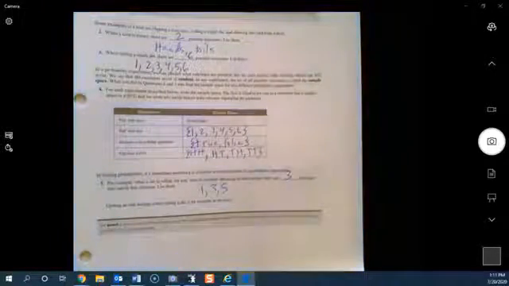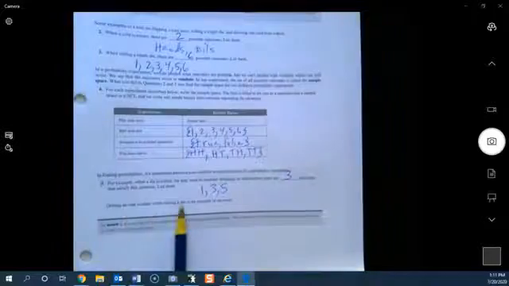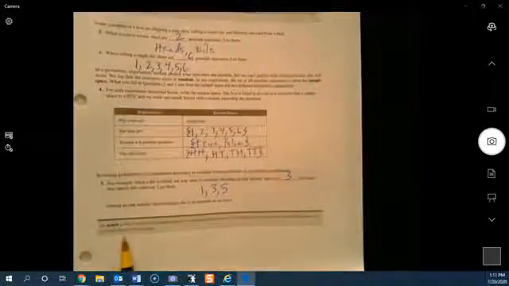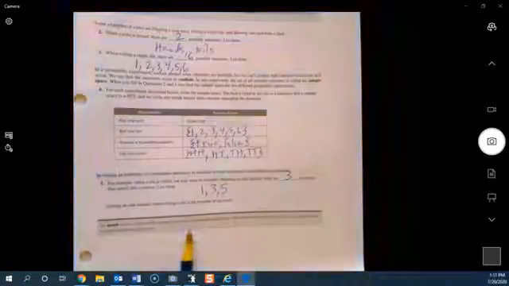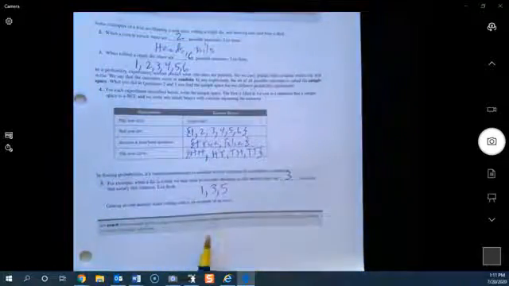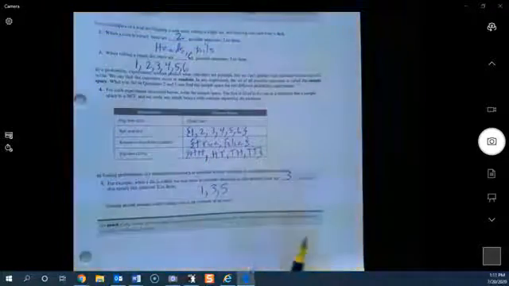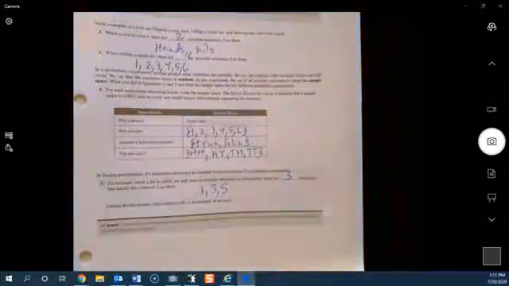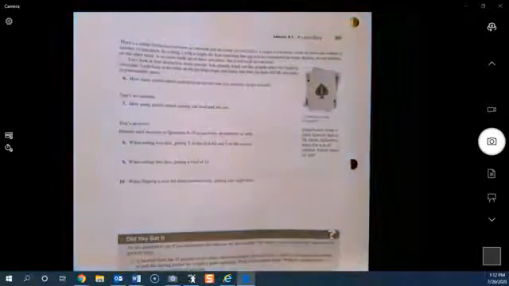Now it says here, getting an odd number when rolling a die is an example of an event. An event is any subset of the sample space for a probability experiment. This means that an event could be a single outcome or a set of several outcomes. There's a subtle distinction between an outcome and an event.